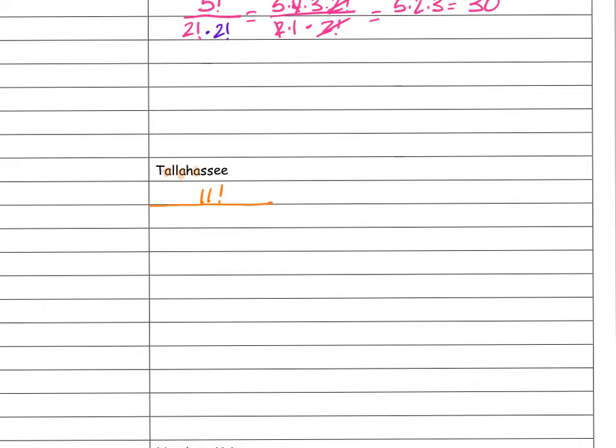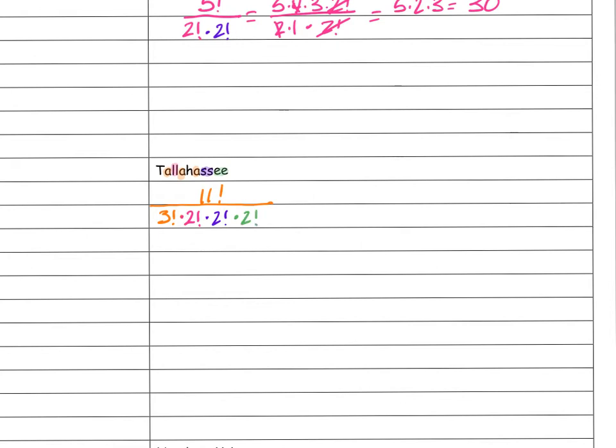I have 3 A's, so that would be 3 factorial times, I've got 2 L's, so times 2 factorial, and then 2 S's, so times 2 factorial, and then I have 2 E's, so times 2 factorial. And then I don't have any other repeated.